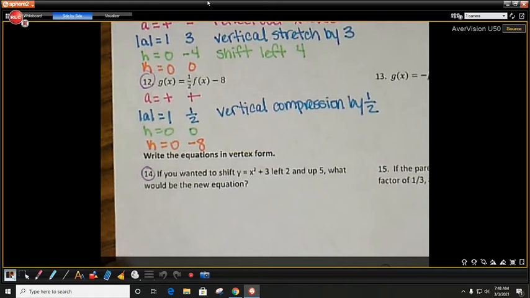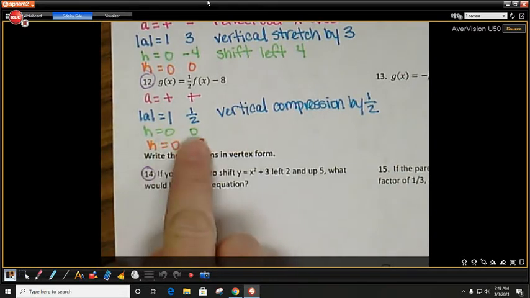You could also hear words like vertical shrink or narrower, or sorry, not narrower, that'd be the opposite. So a vertical compression would be fatter, wider, or a vertical shrink.